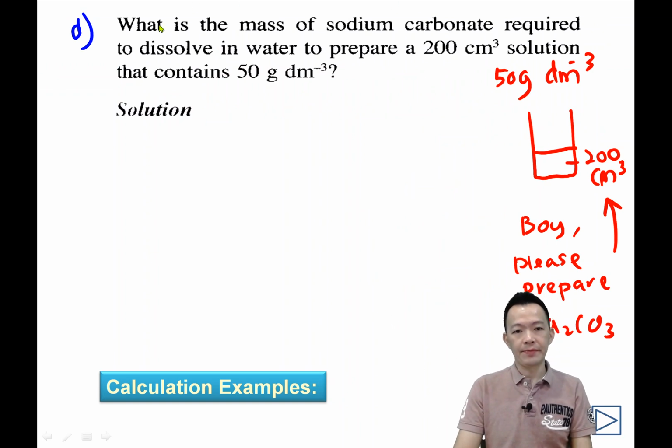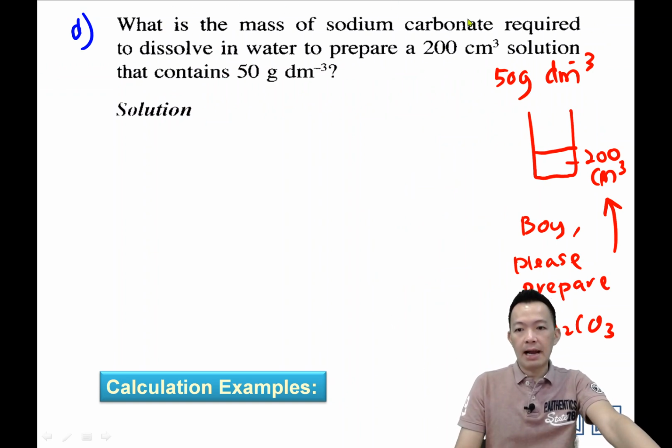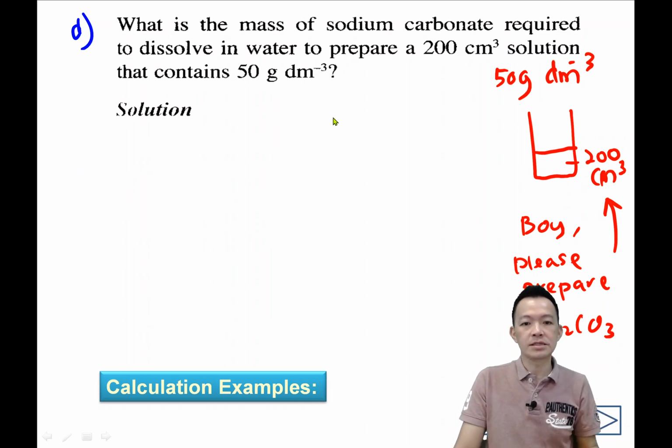Last. What is the mass of the sodium carbonate required to dissolve in water to prepare 200 ml solution that contains 50 gram per cubic dm? 什么意思呢?